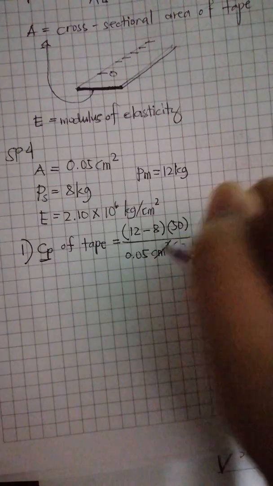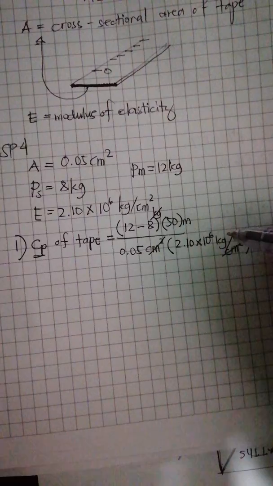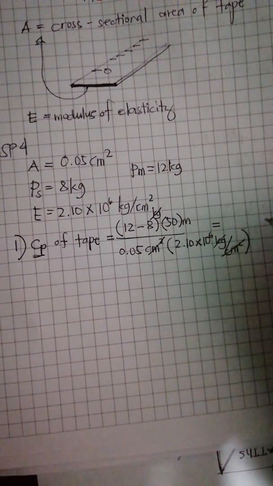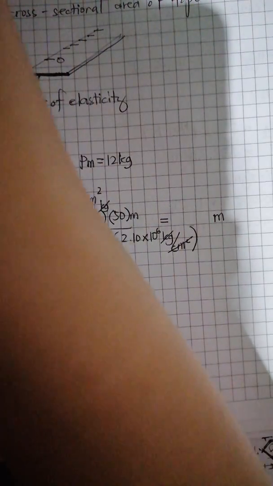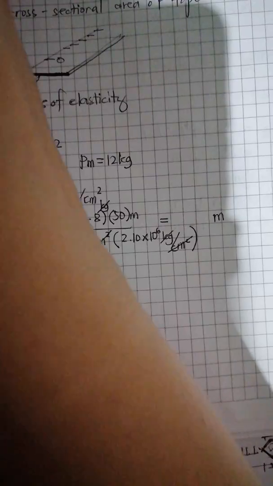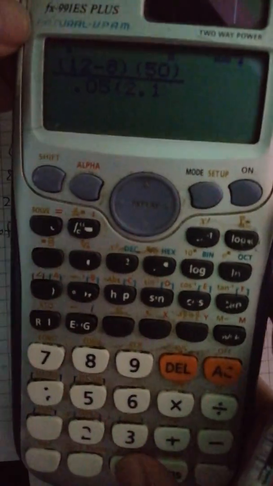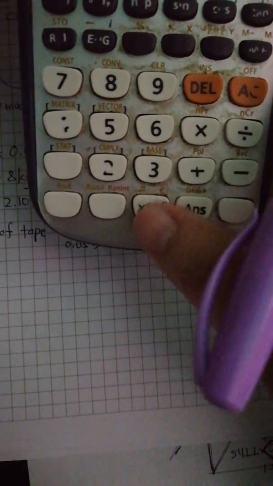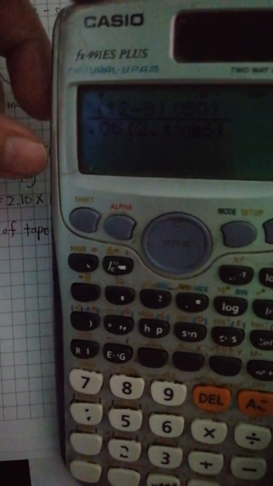Okay, tanggal. By the way, ito kilograms, ito meters. So, tanggal pa rin ang kilogram. So, syempre, ang correction is naka-meters pa rin. Okay, so we have 12 minus 8 times 50 over 0.05 times 2.1 times 10 raised to 6, pindutin lang ito na button. Then close in parentheses.